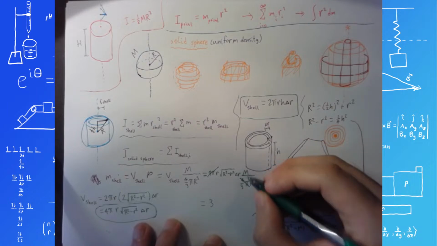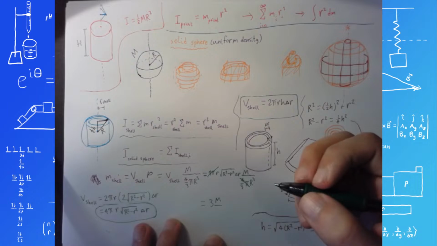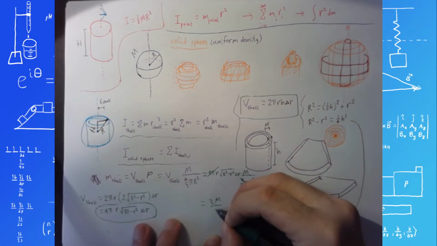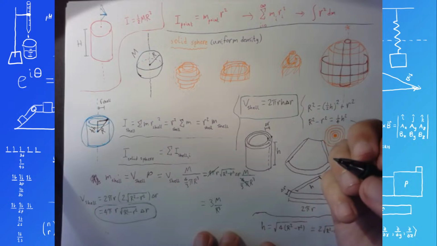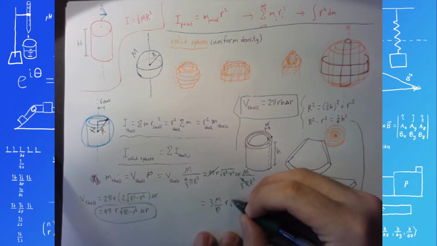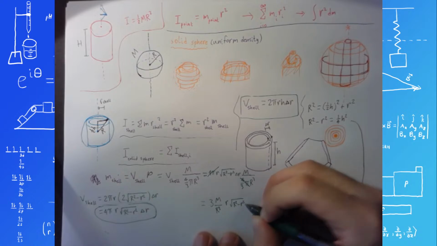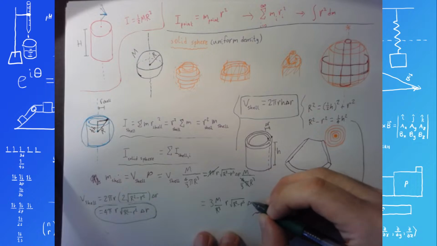And I'm going to pull out the big M to the front, and I'm going to pull out the big R cubed. 3 big M over big R cubed, those are all constants, times r square root of big R squared minus little r squared, delta r.